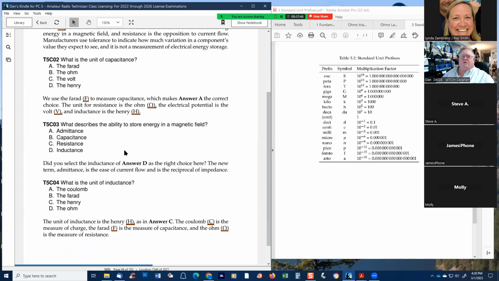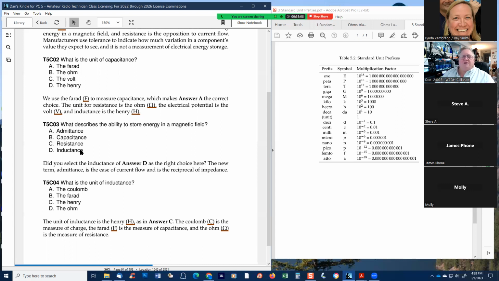What describes the ability to store energy in a magnetic field? That is inductance. If you have a coil of wire and you put current through it, it will create a magnetic field, and there is energy stored there. When you turn the power off, the magnetic field collapses and comes back as electrical energy.